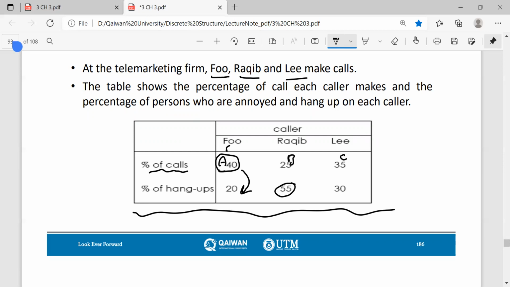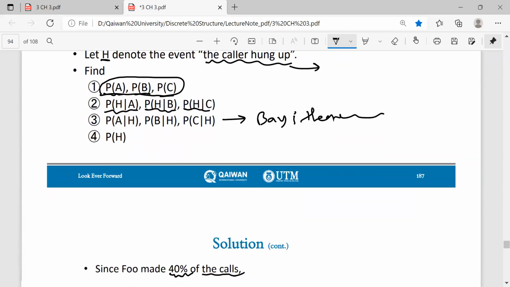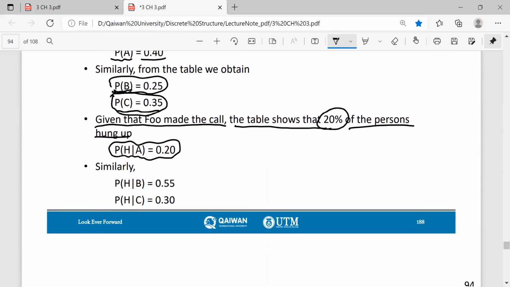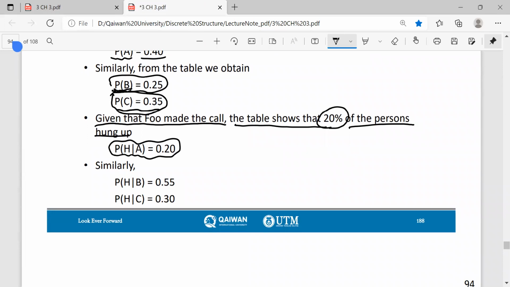And then for C, it is 30%, which is 0.30 probability. The probability of H given A is 0.20, the probability of H given B is 0.55, and the probability of H given C is 0.30. These are the probabilities of H given A, H given B, and H given C.